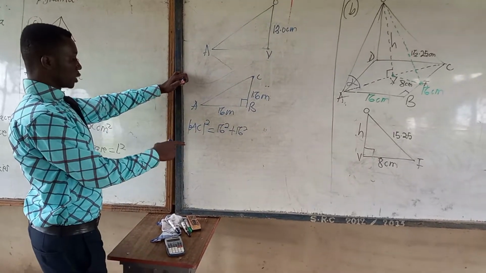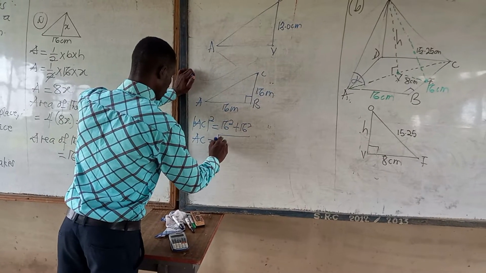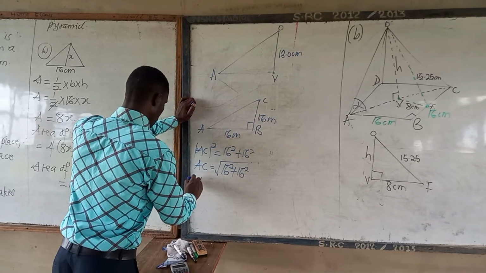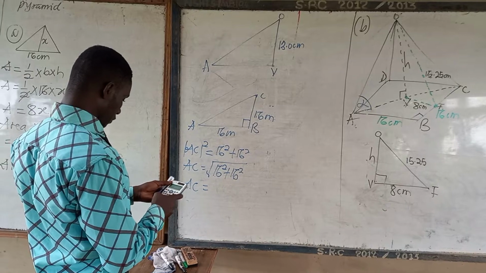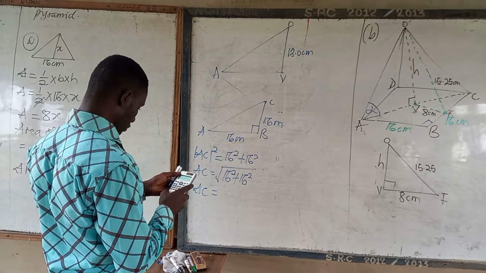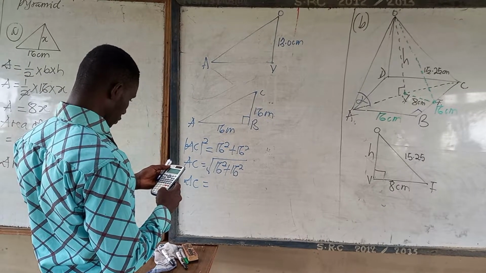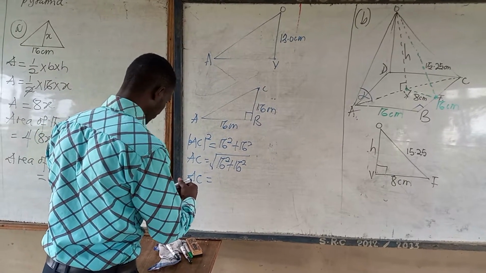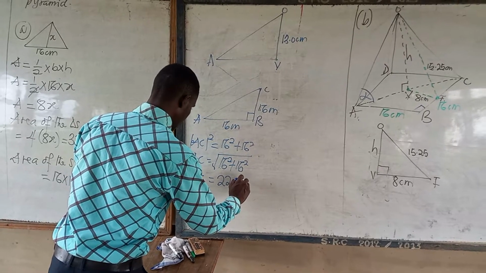That is Pythagoras theorem. And AC is equal to the square root of 16 squared plus 16 squared, which is 22.63.